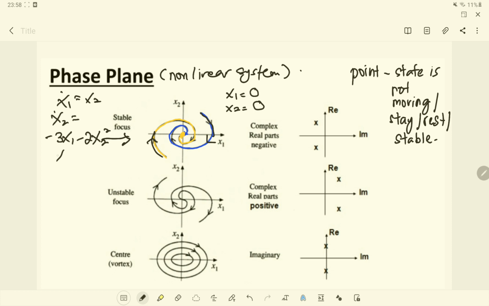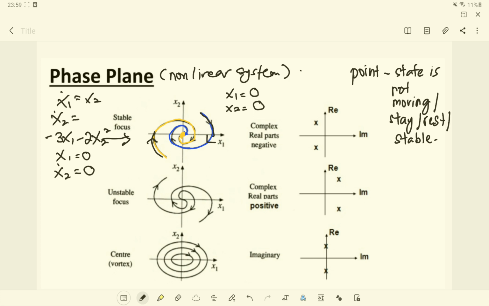So if x1 equal to 0, you substitute the value in the equations, so you will get x2 dot equal to 0. So obviously the state is not moving, so we call this the equilibrium point.